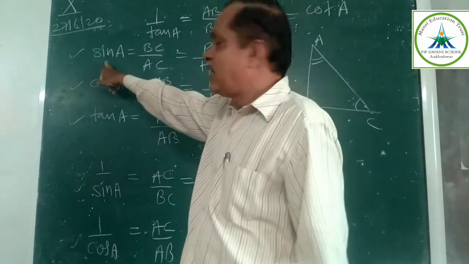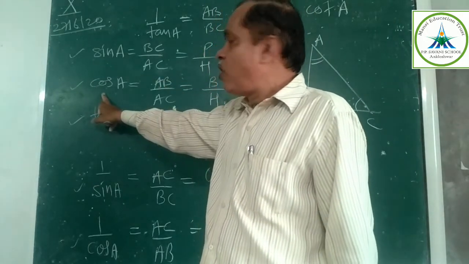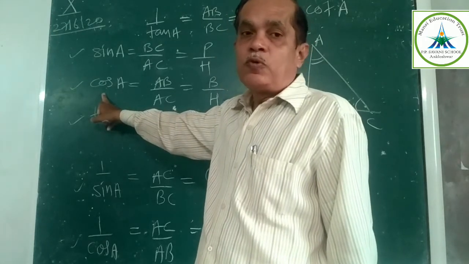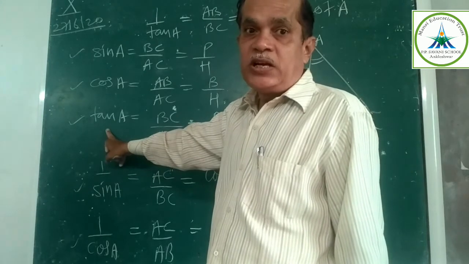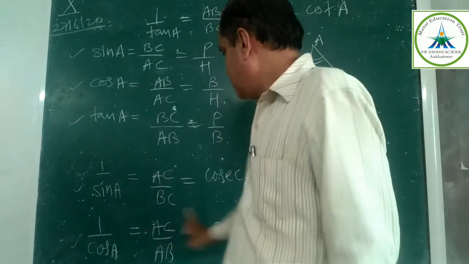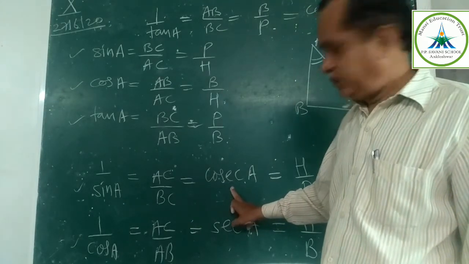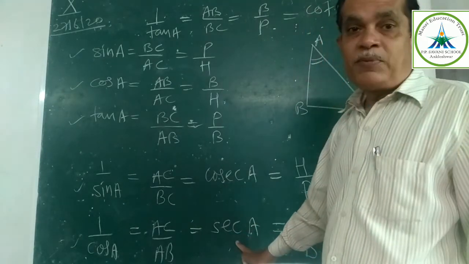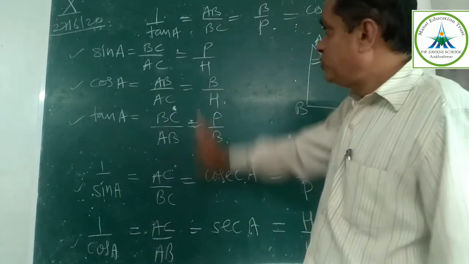Sin is the abbreviation of sine. Cos is the abbreviation of cosine. Tan is the abbreviation of tangent. Cosec is the abbreviation of cosecant. Sec is the abbreviation of secant. Please remember all these ratios.